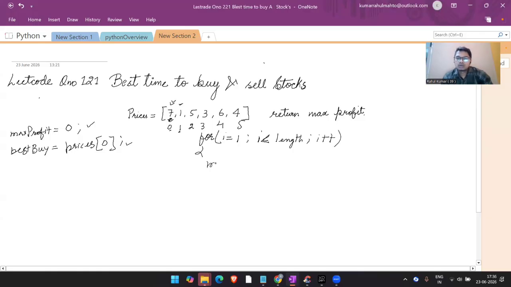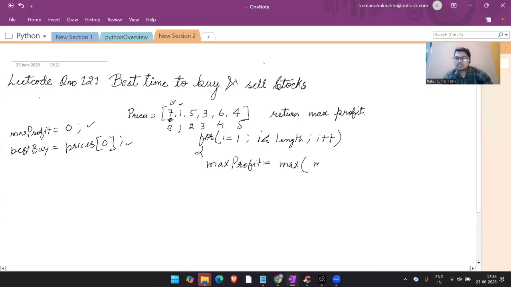Now I need to find the maximum profit. In Java, we have a method called max, which takes 2 values as parameters.